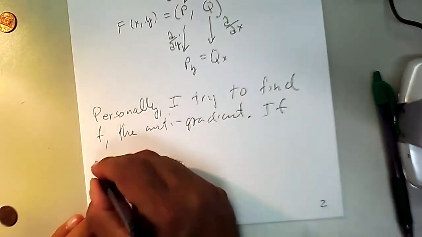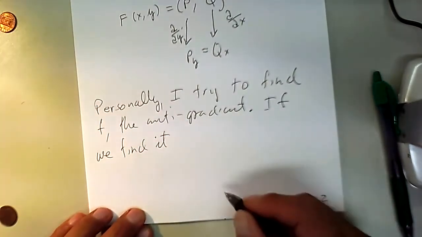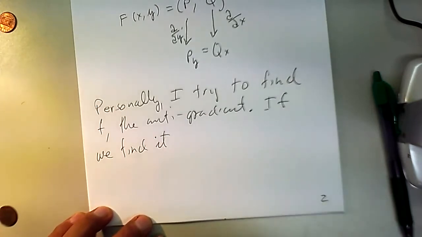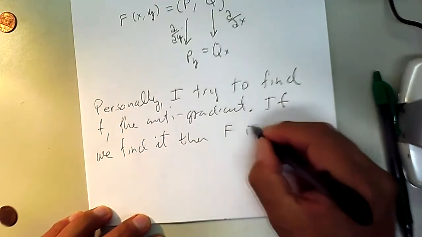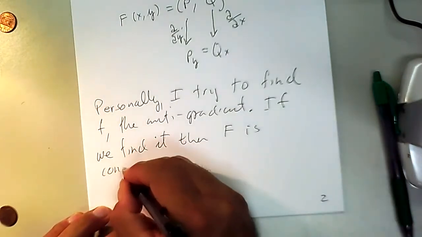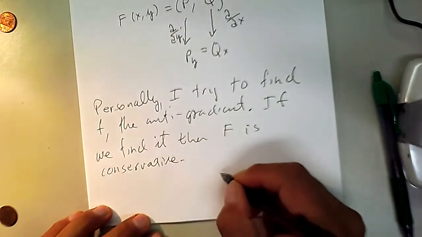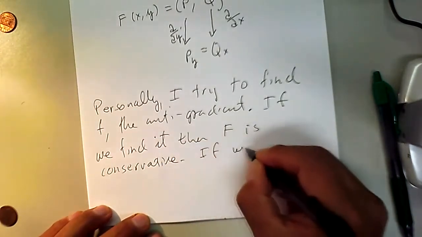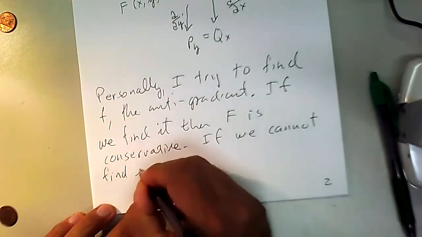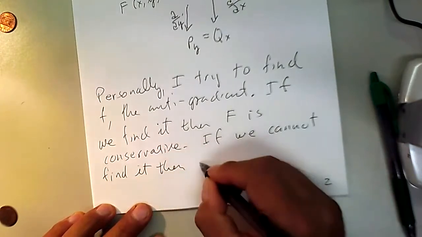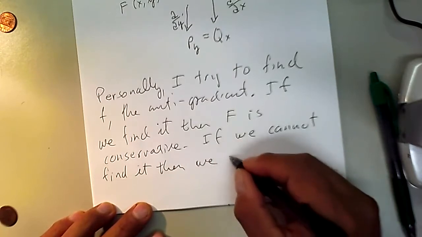If we find it, and in my experience it's fairly quick, fairly easy, then f is conservative. If we cannot find it, then we perform the test.